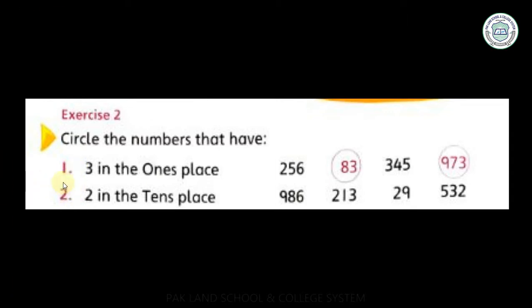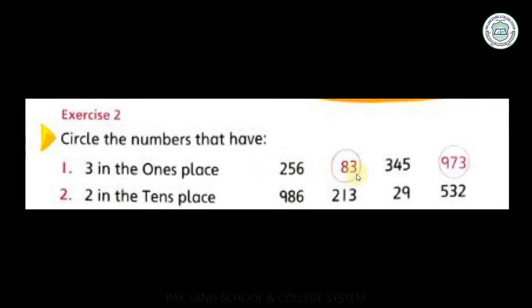The next topic we have is circle the ones and tens. We have to circle the 3 in the ones place. There are different examples given. In the first example, you have to circle the 3 that is in the ones place. We have different numbers: 256, 83, 345, then 973.